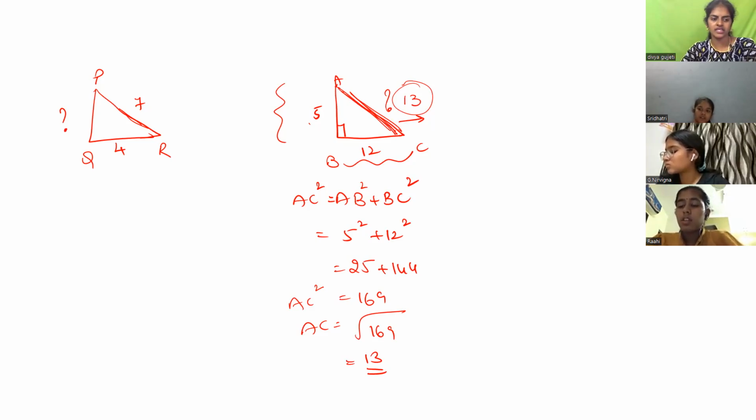What is the answer you're getting? PQ is equal to root 65. Okay, so let's check.